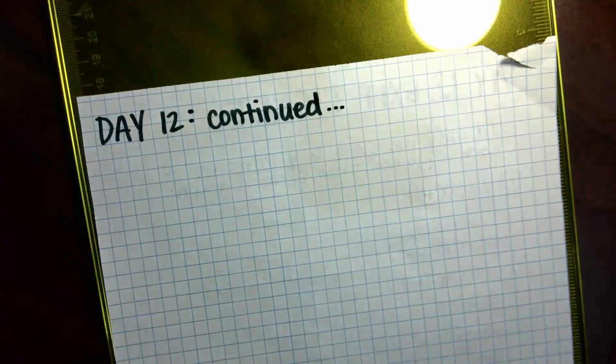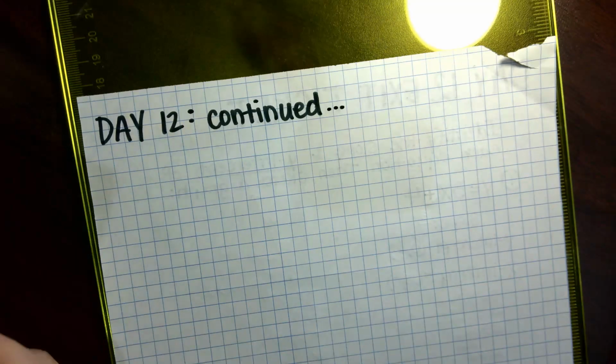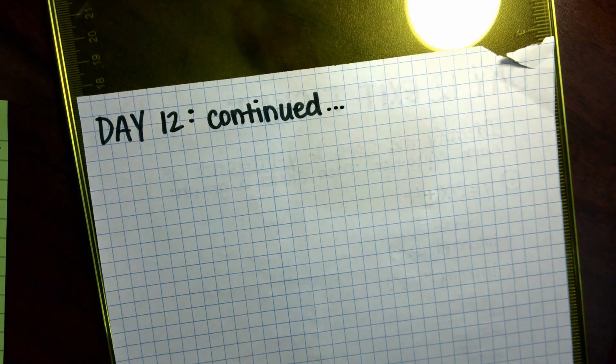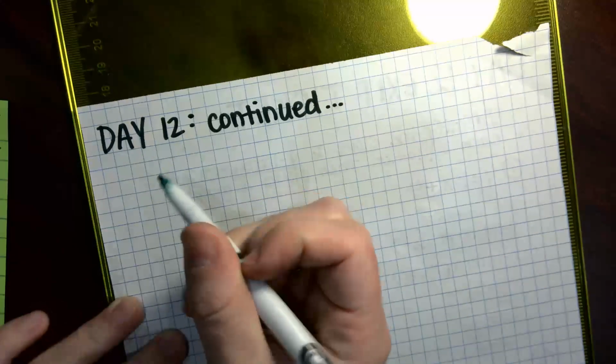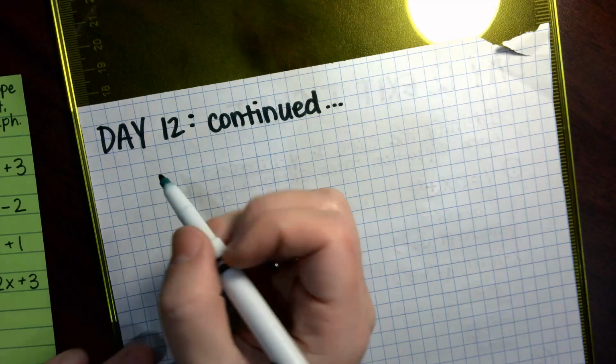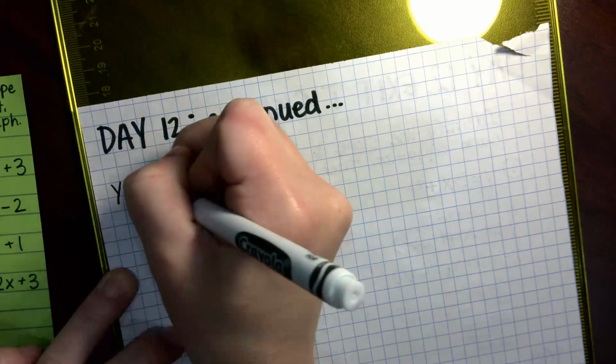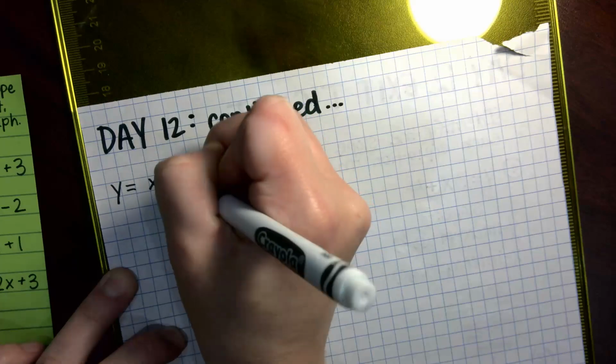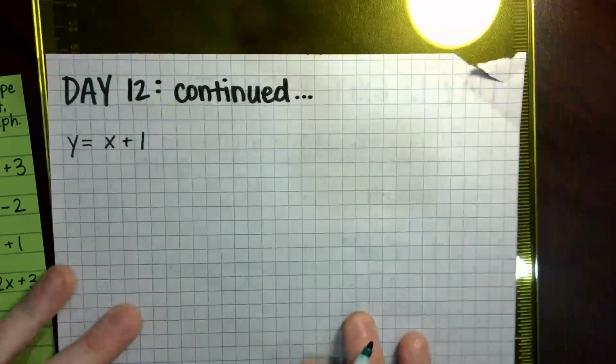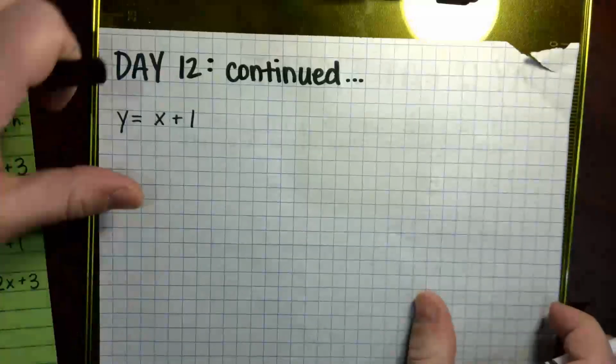All right, so let's work out some examples together. I am going to give you this problem here. We've got y equals x plus 1. Okay, so that's our equation we're going to start with.